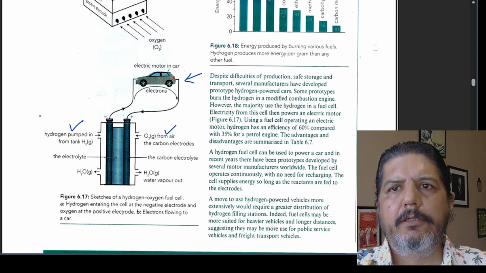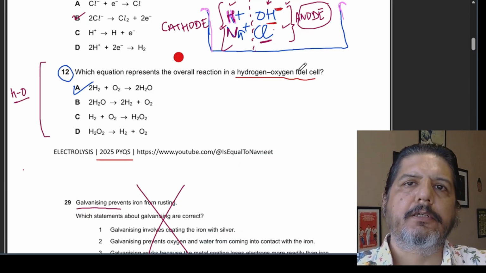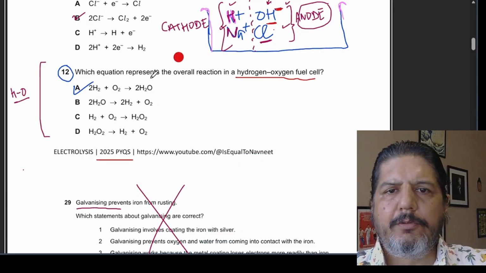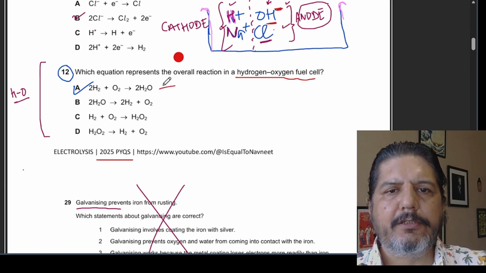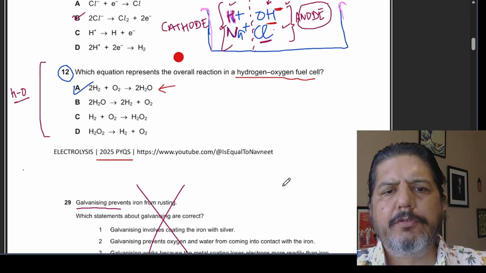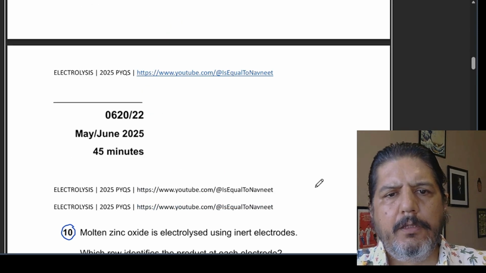So let us look at the questions which have been asked in recent papers. Which equation represents the overall reaction in a hydrogen oxygen fuel cell? Of course, this is the reaction which takes place. This first question is taken from the 2025 paper.